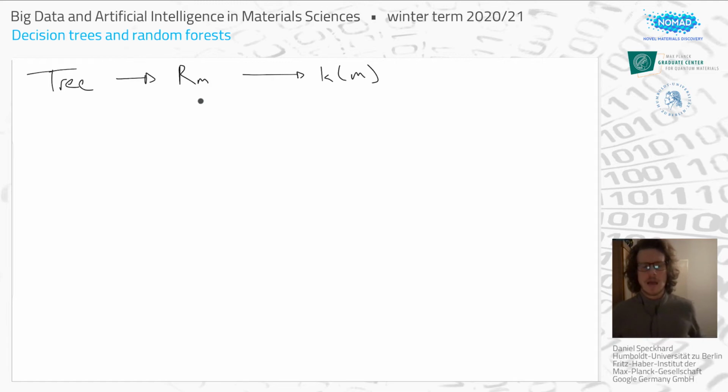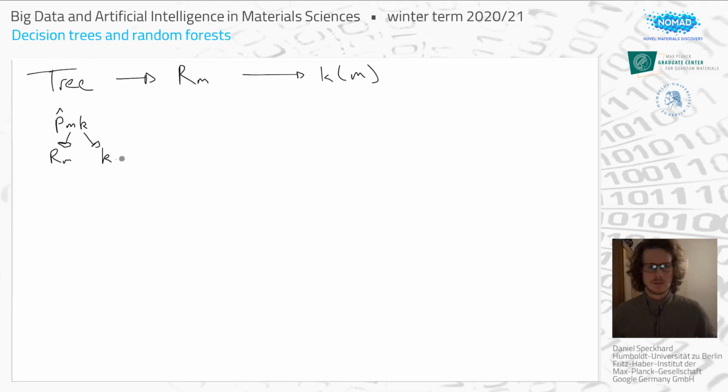To understand how it assigns classes for each region, we need to understand how it actually estimates probabilities for regions and classes. So this is the probability estimate for the region M and for the class K.